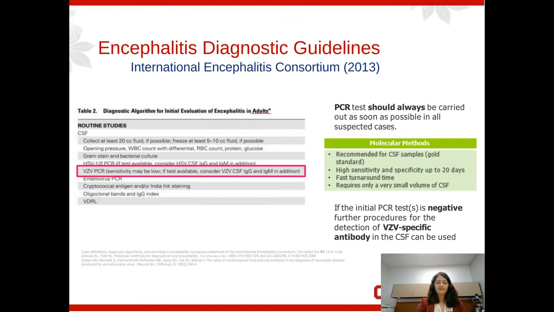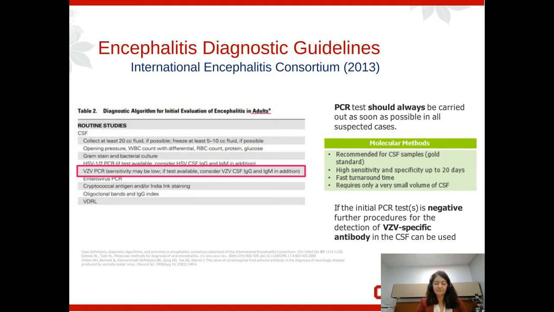Looking at the encephalitis diagnostic guidelines that are out there for all of us to review, along with HSV, you can see that VZV is also indicated as a virus that should be looked for in these encephalitis cases. PCR is the preferred test for these virus infections, HSV and VZV as well.